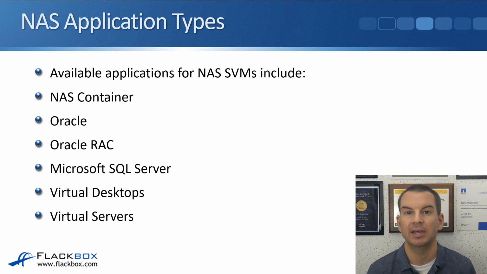The different applications that are available by default in the GUI right now, if you're configuring this on a NAS SVM, are just a standard general NAS container, also Oracle, Oracle RAC, Microsoft SQL Server, virtual desktops, and virtual servers.